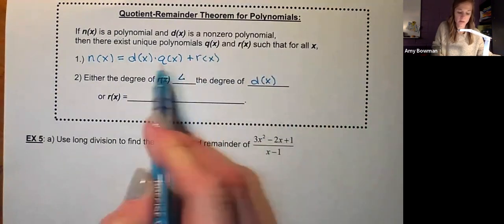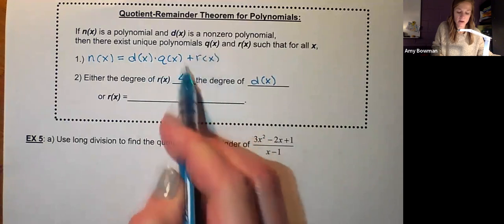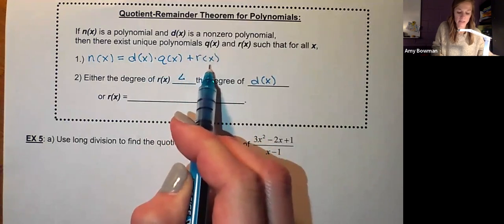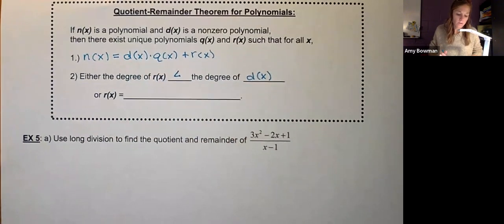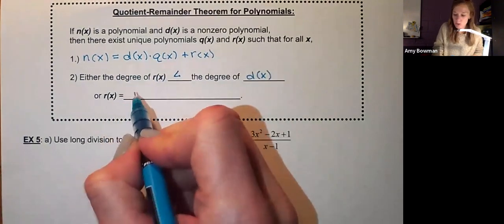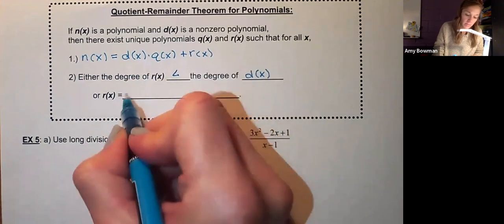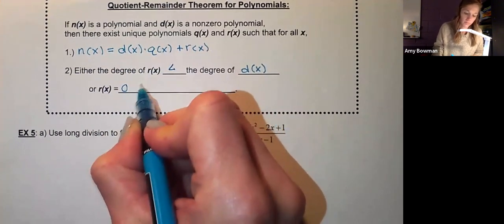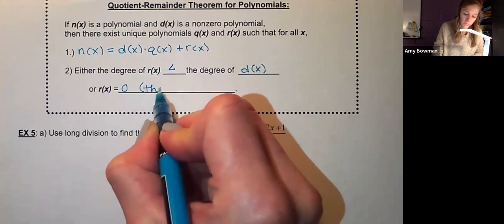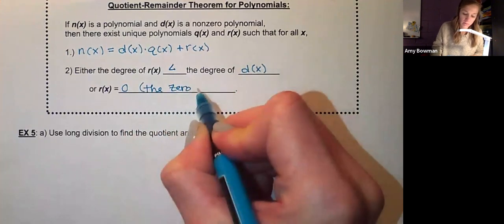So the remainder has to have a degree that's less than the degree of the divisor. Also, r of x could just be the 0 polynomial.